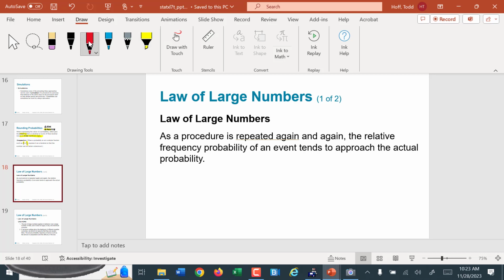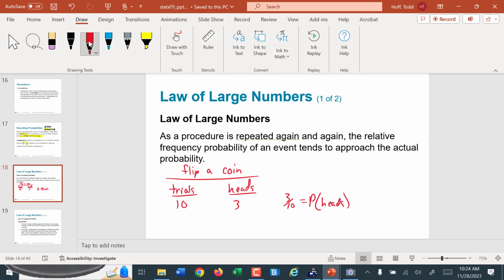For example, let's look at flipping a coin. And let's say we're going to repeat it. I'm going to call it trials, how many repetitions. Let's say we do it 10 times and we get 3 heads. Well, that's a 3 out of 10 probability of getting heads. That's only a handful of trials, only 10 trials.